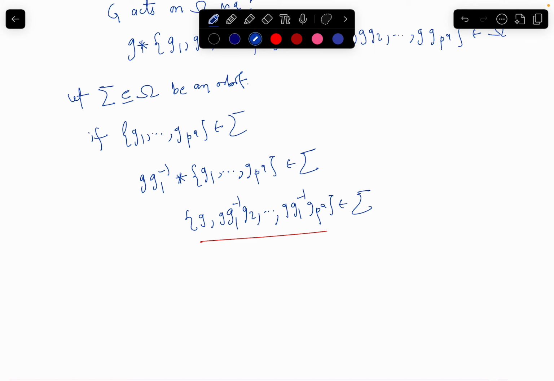That means that for any g in G, you can find a set X in sigma that contains the element g. Okay, so what does that mean?